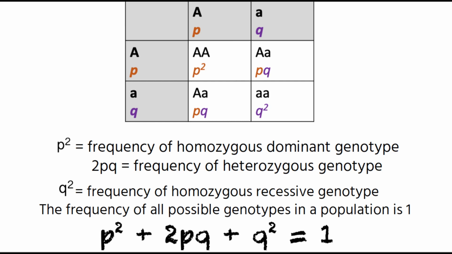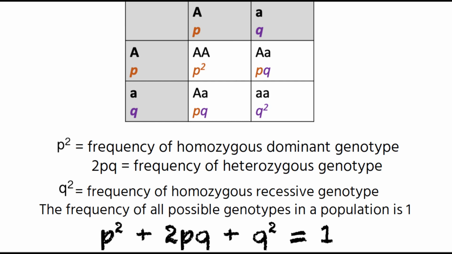So for a basic calculation, if there were two flower colors again, we have P and we have Q, as you can see on this Punnett square. And then there are three possible genotypes, P squared, PQ, and Q squared.